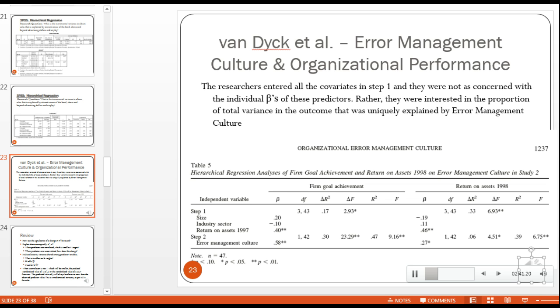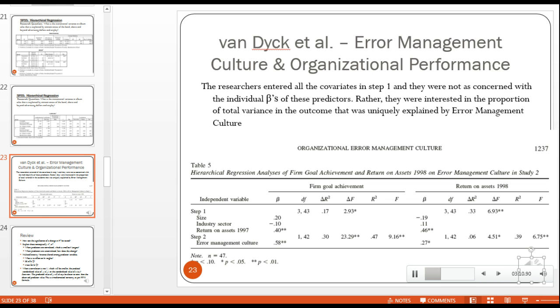So training people to behave this way has been very helpful, as the study showed, specifically impacting a couple of DVs. The first one was firm goal achievement, or did the organization meet its objectives? And second, return on assets in the year after the intervention was implemented.